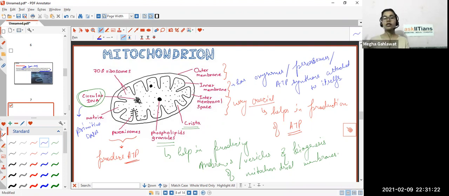Right? Now, since it has the DNA, it is quite obvious that it will also have ribosomes, because ribosomes are very important for an organelle which has DNA. Without ribosomes, the DNA is useless because it cannot produce proteins on its own. Right? Now, that being said, the one unit that you see right here in front of the ribosomes is the 70S. See, ribosomes are of two types, 80S and 70S.